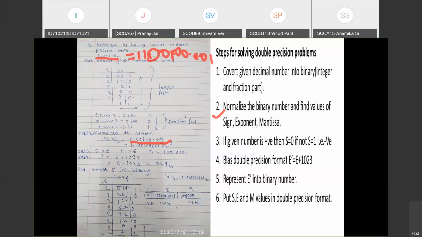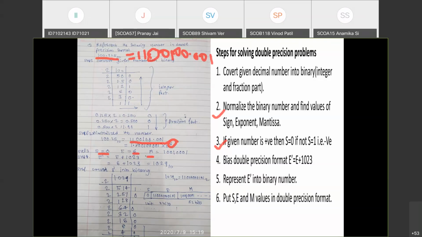After the normalization, we need to find the values of sign, exponent and mantissa. How do we find the sign? We check whether the given number is positive or negative. Here the given number is positive, so the sign bit should be set to 0. The exponent comes from 2 raised to 6, so exponent value E is equal to 6, and M indicates the mantissa.